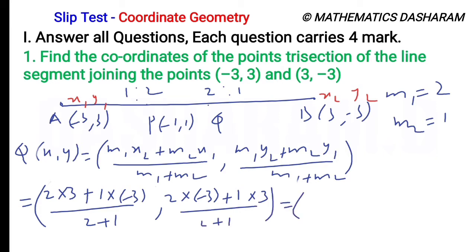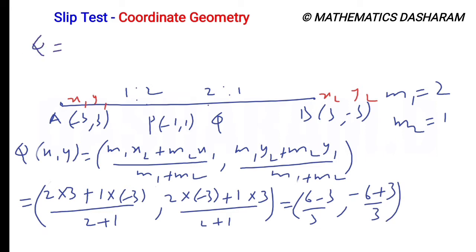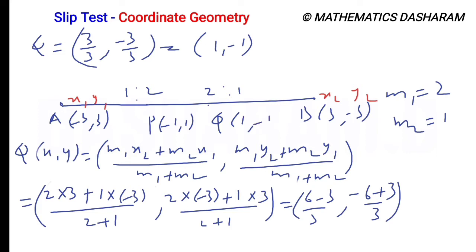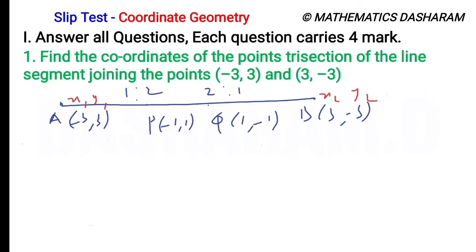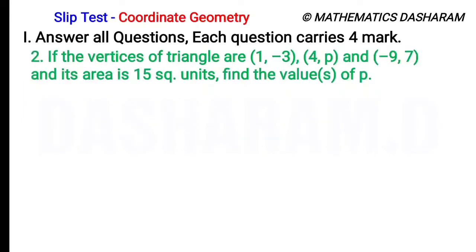It equals (6 - 3) by 3, comma, (-6 + 3) by 3. So the point Q equals 3 by 3, comma -3 by 3, which is (1, -1). So the required points are (-1, 1) and (1, -1).